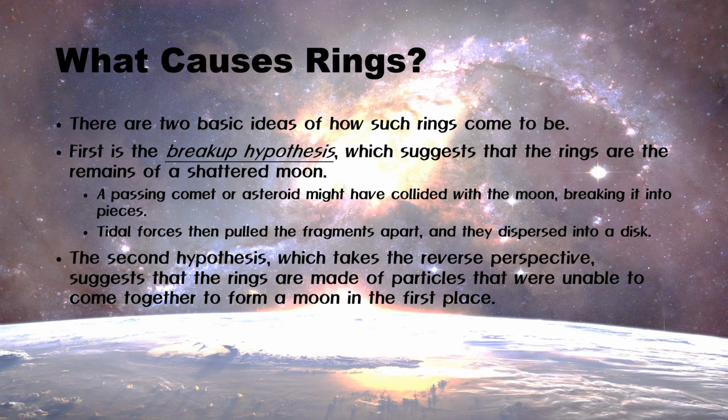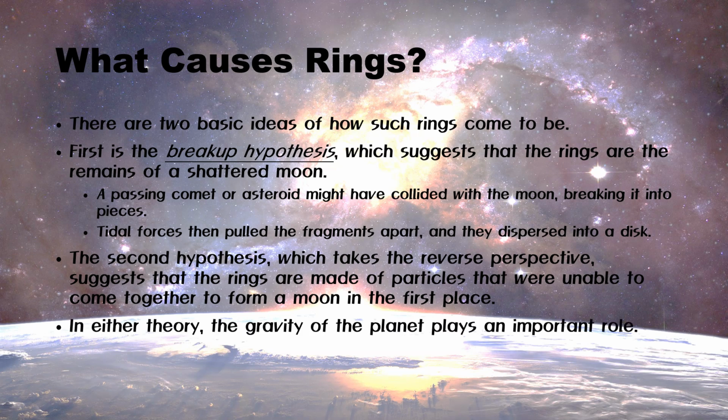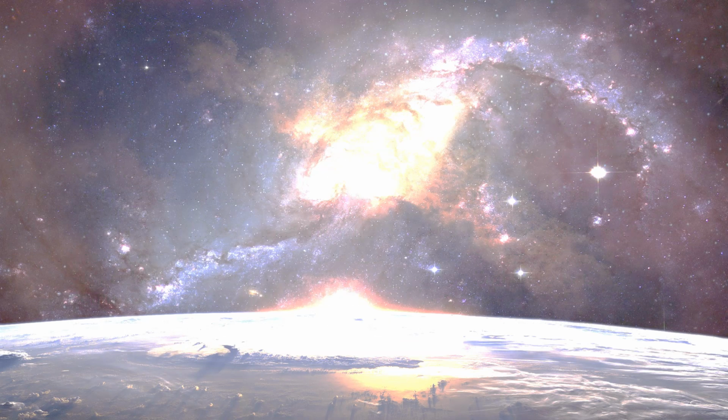The second hypothesis, which takes the reverse perspective, suggests that the rings are made of particles that were unable to come together to form a moon in the first place. So there wasn't enough gravitational density for those particles to coalesce into a moon. In either theory, though, the gravity of the planet plays a very important role.